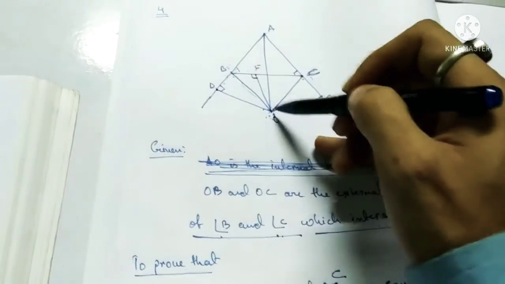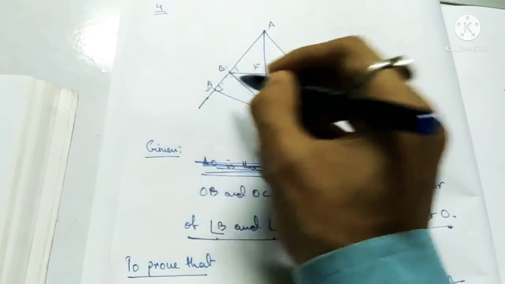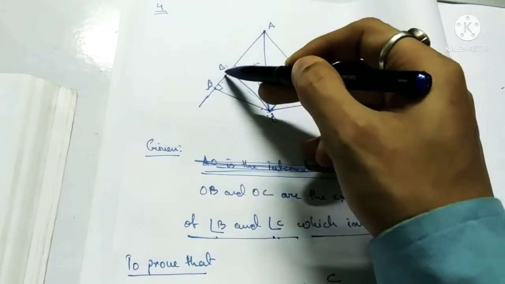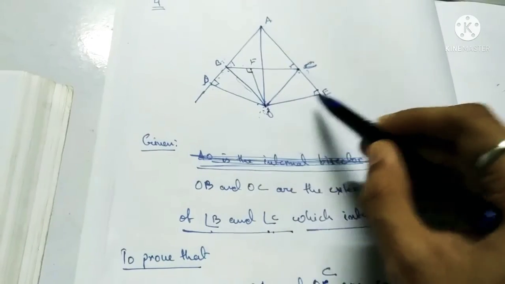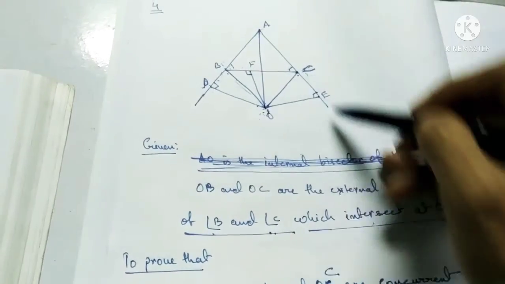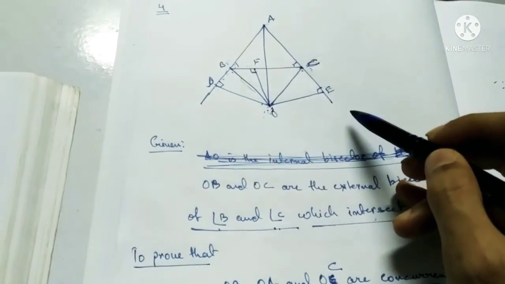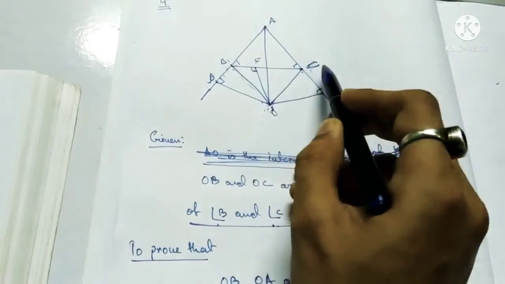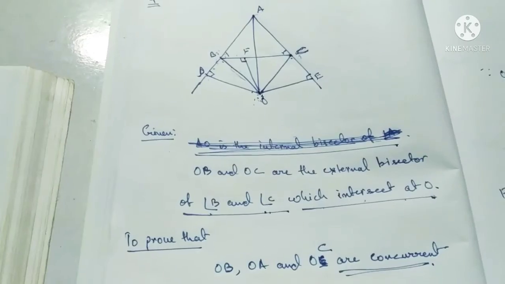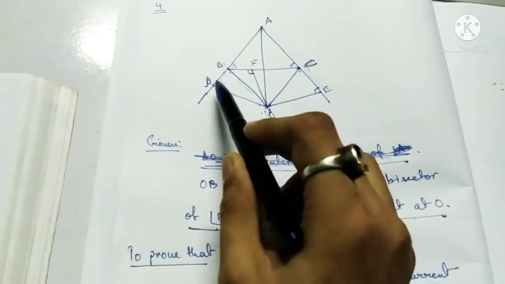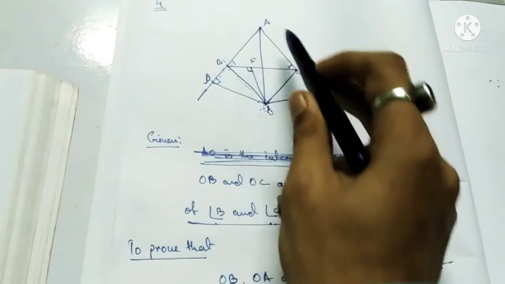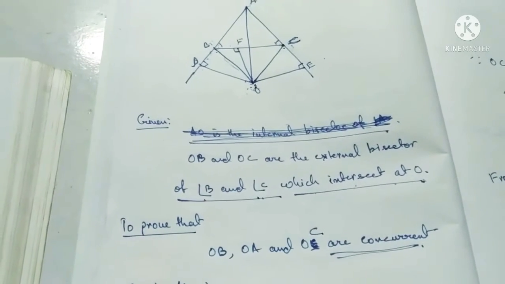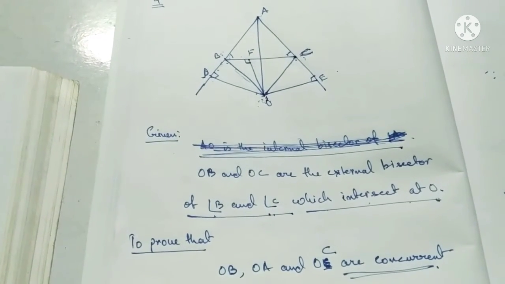This is OD, this is D. And OF perpendicular to BC is drawn. Three perpendiculars, OD, OE, OF, are drawn.